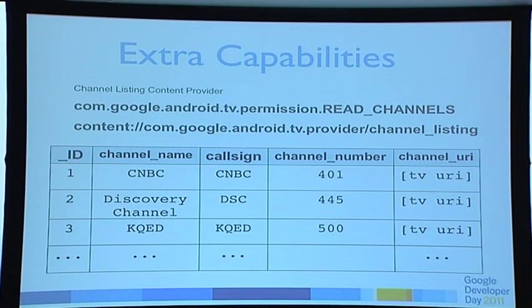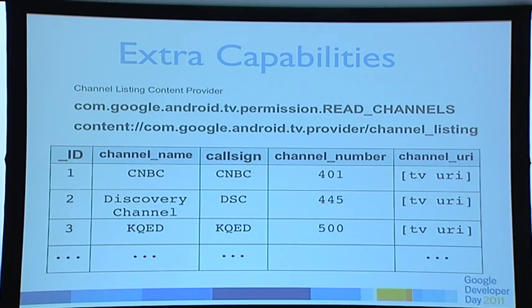So I know there are a lot of developers who want to write applications which are aware of what the user is watching, but honestly, I wouldn't want my applications to know what I'm watching all the time. So we don't have an API for that, but we do have an API that just gives you all the channel lineup, and then you can actually change channels to whichever channel is available.